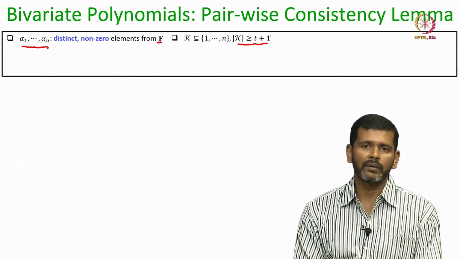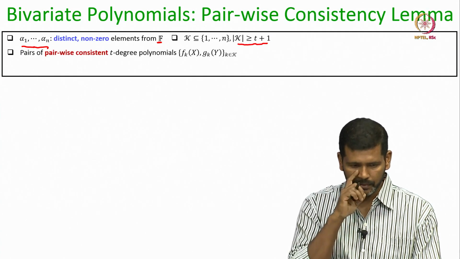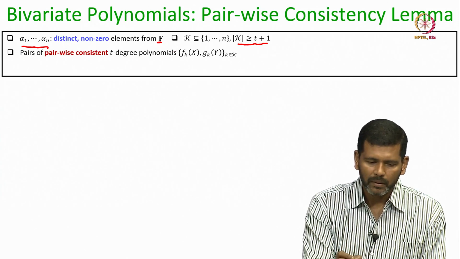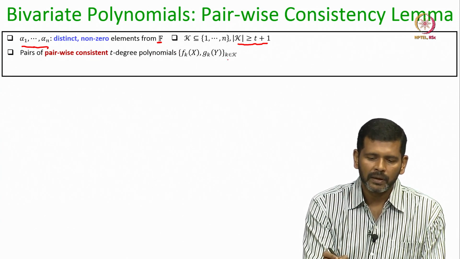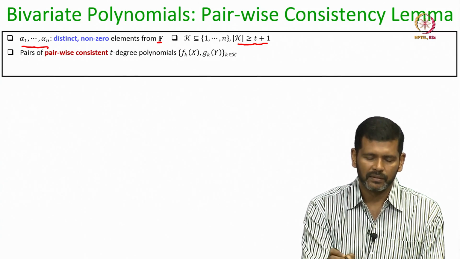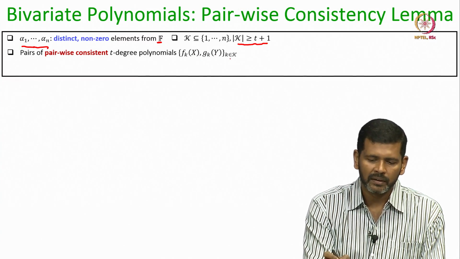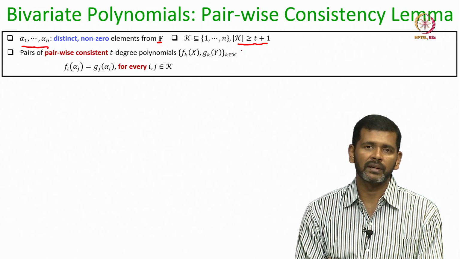So, you are focusing on a subset of at least t plus 1 or more number of indices, and you are given pairwise consistent t degree polynomials corresponding to those indices. So, you are given x univariate polynomials and y univariate polynomials corresponding to the indices in the set fancy k, and they are given to be pairwise consistent.